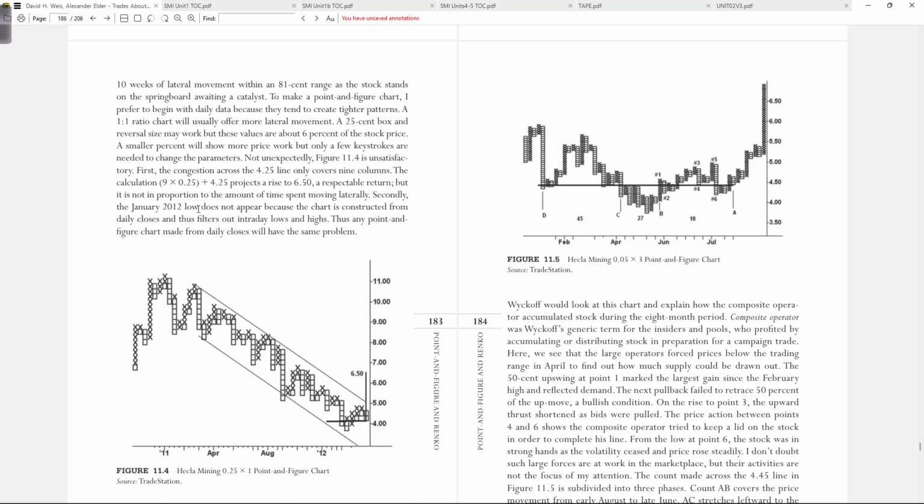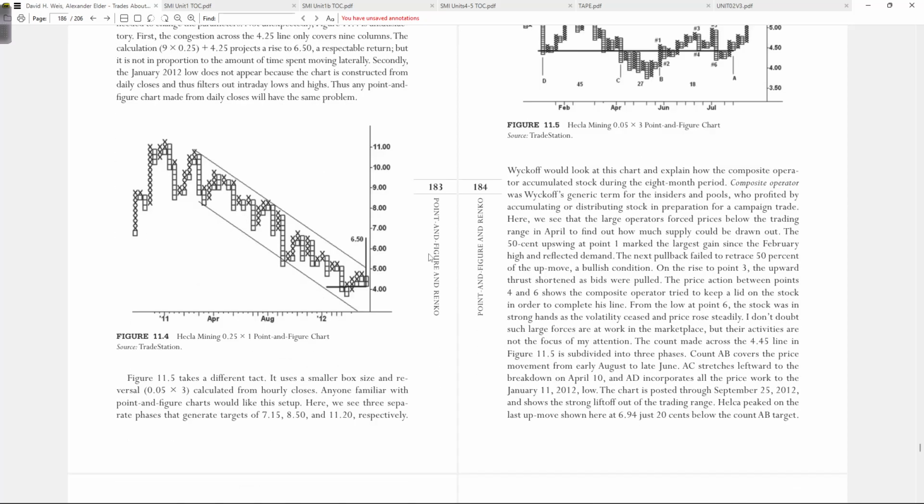Secondly, the January 2012 low does not appear because the chart is constructed from daily closes and thus filters out intraday lows and highs. Thus, any point and figure chart made from daily closes will have the same problem.